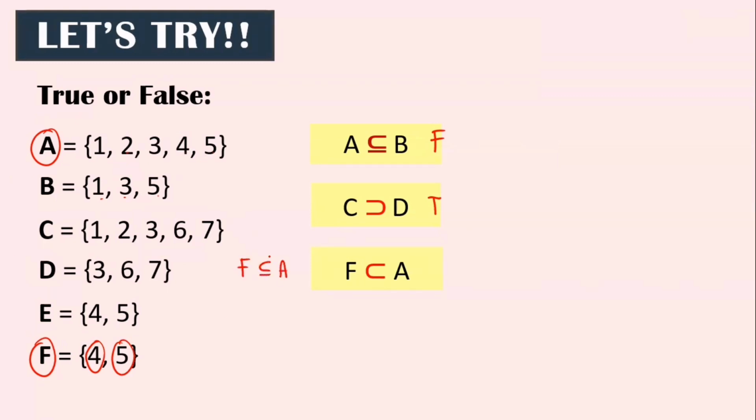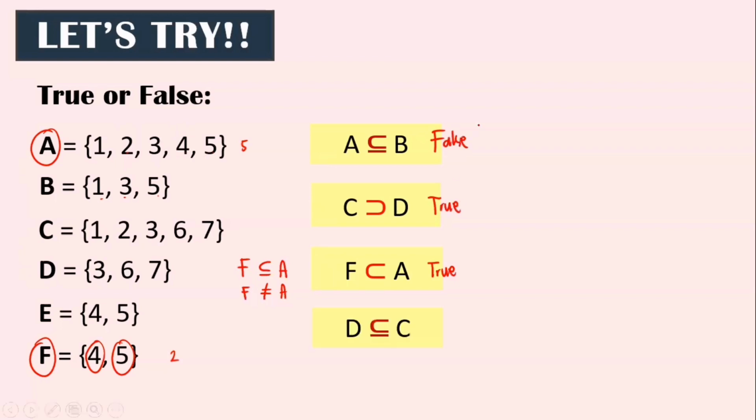Tingnan natin. Diba, this is true? Yes. Now, ano bang sabi kay proper subset? Dapat daw ang F natin ay not equal set. Since ang F natin ay may cardinality na 2, ang A natin ay may cardinality na 5, therefore, F is the proper subset of A. This is true.